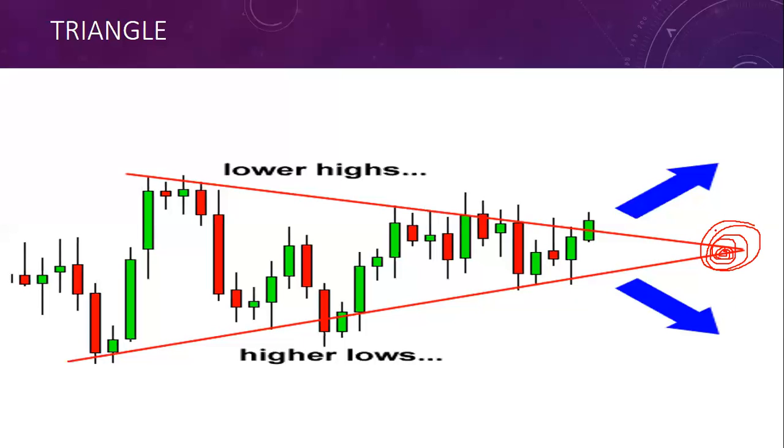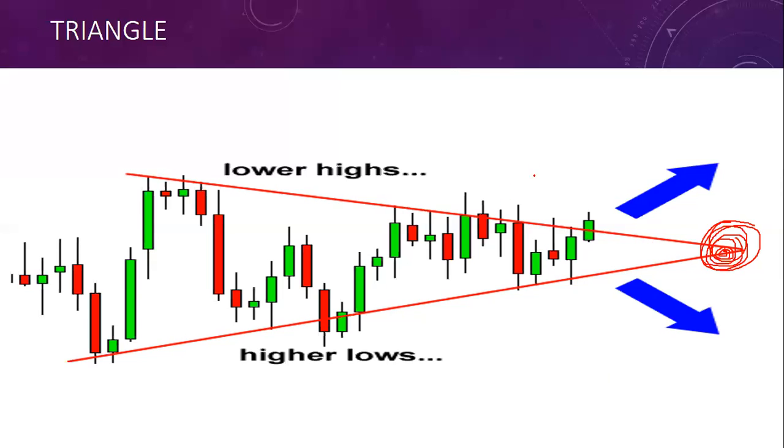On this area, the closer the price gets to this area, the more it means the price will break the trend from up or from down very strongly. If the price breaks this trend far from this area, it will break, but not in a very strong way.